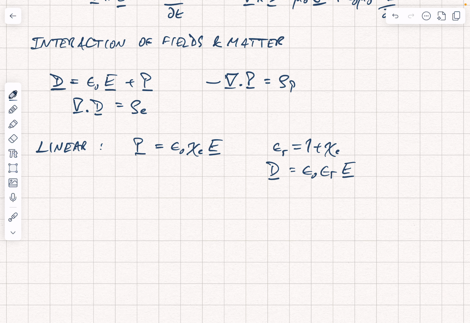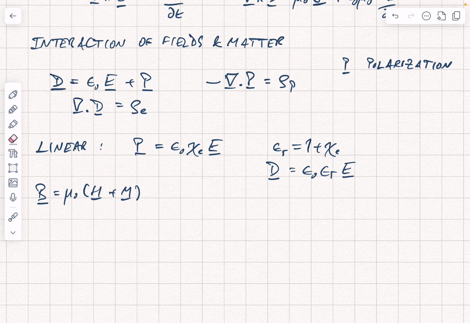For magnetic fields, magnetic materials, we define B is equal to mu naught times H plus M. And here M is the magnetization, just as P is the polarization. In fact, let me just write that up here. And remember that the polarization is a charge density per unit area.